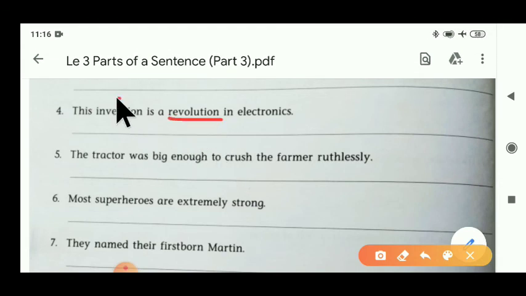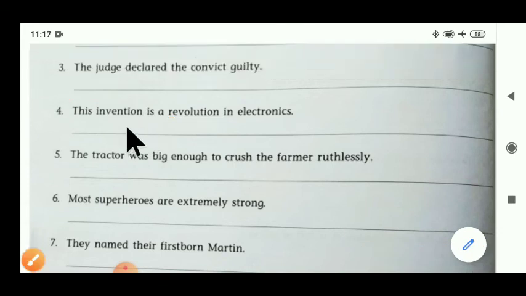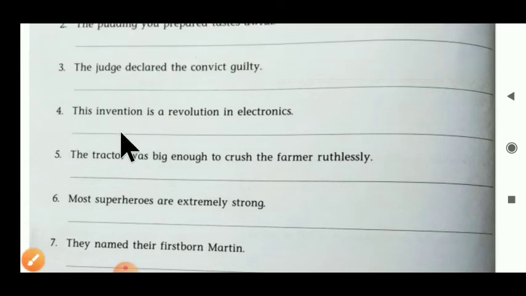It is used to describe the subject, the invention. So here revolution becomes the subject complement. Can you understand, children? So the answer becomes like that: revolution, subject complement.